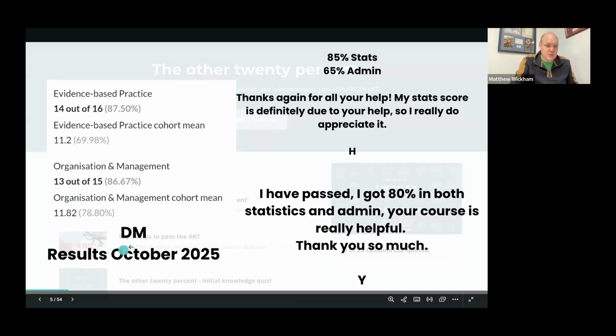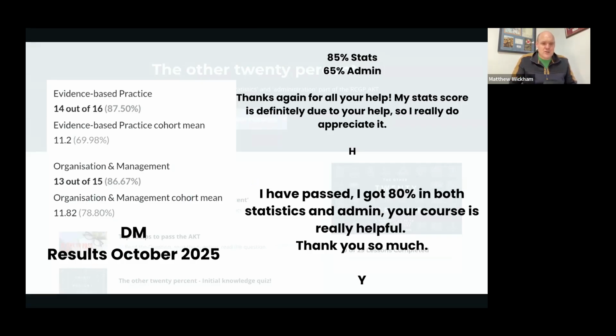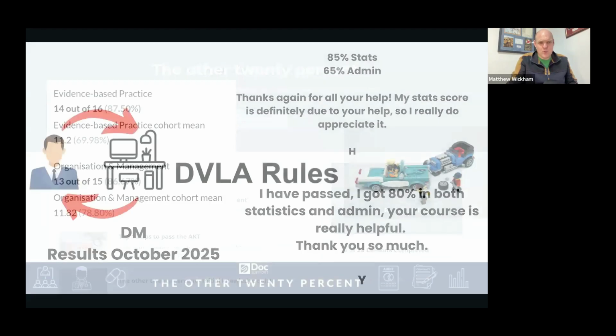This was a chap who worked with my wife, who's an A&E consultant, and was doing his A&E rotation, and he said, Dave, could you help me out? He got onto the course and he's done phenomenally well. We're getting about 60 to 80% in terms of the pass mark, which is marvelous for me. Keeps me warm and fuzzy.